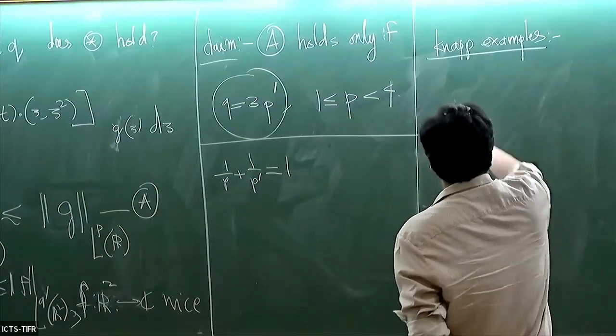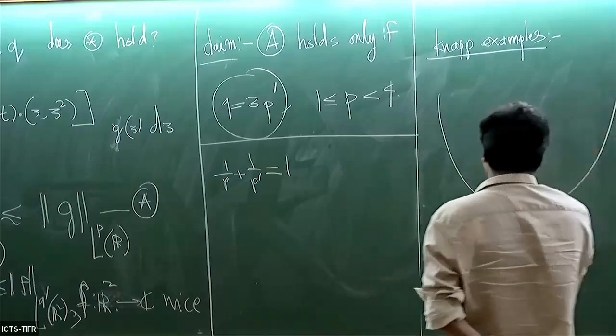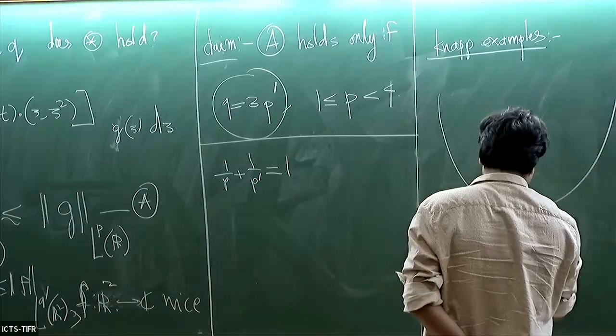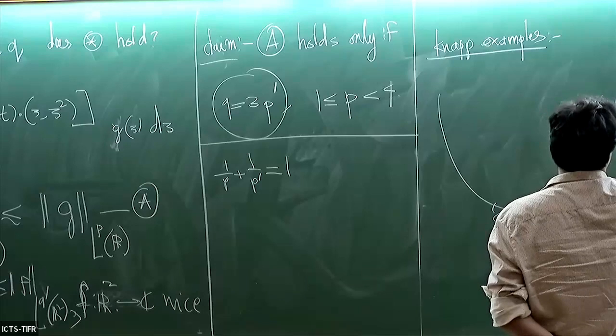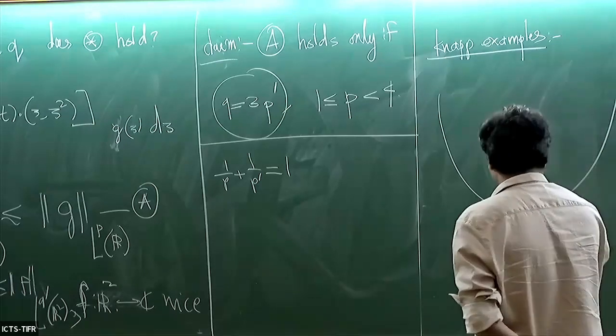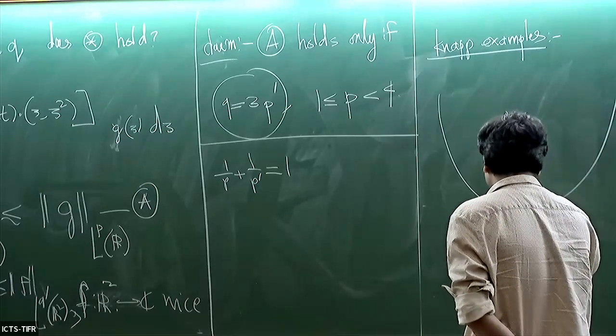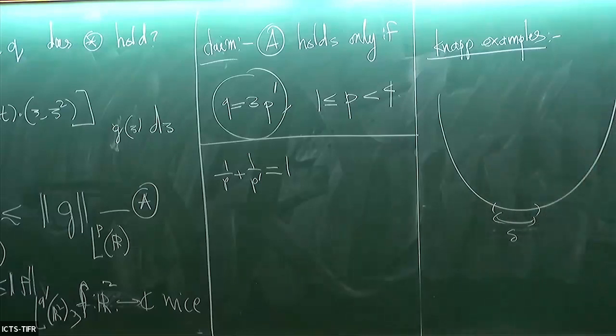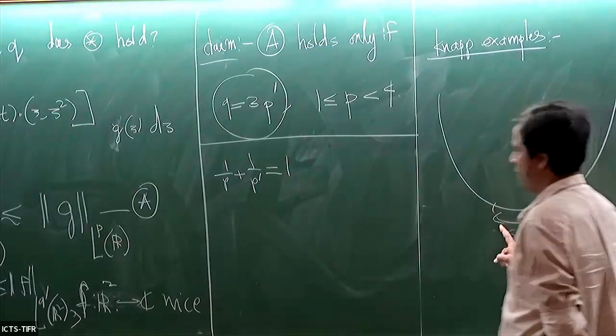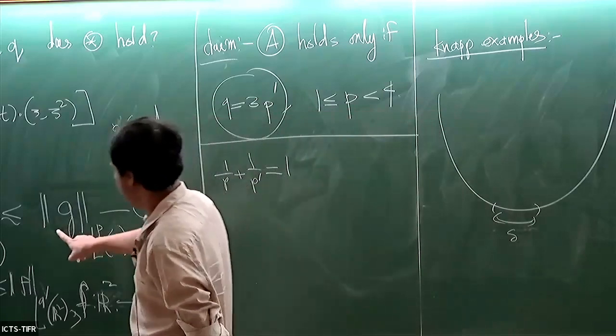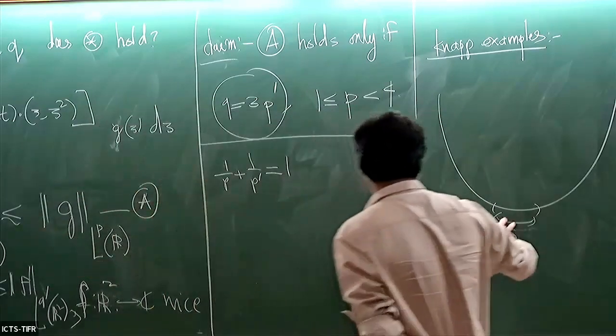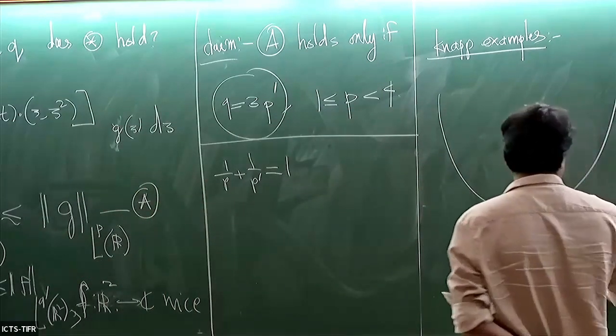So what we do is take a delta-neighborhood near y equals x squared. Take the arc of length delta near 0, and let's test our function g, where g is the characteristic function of this interval.